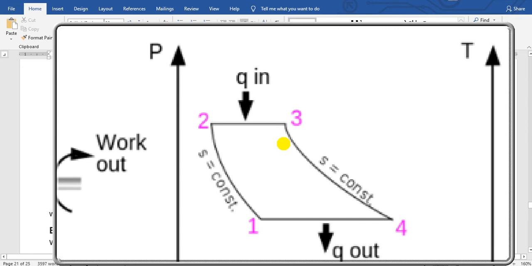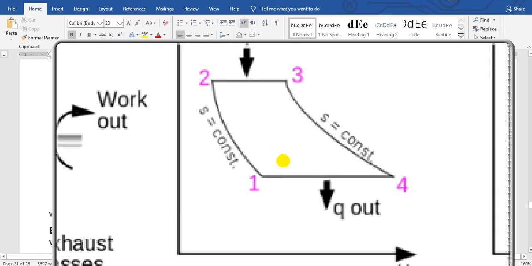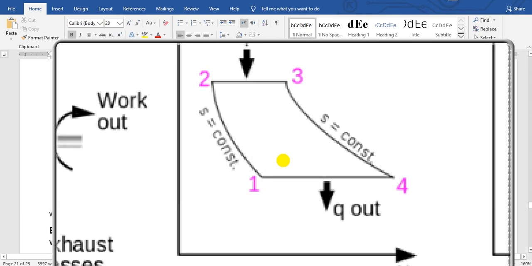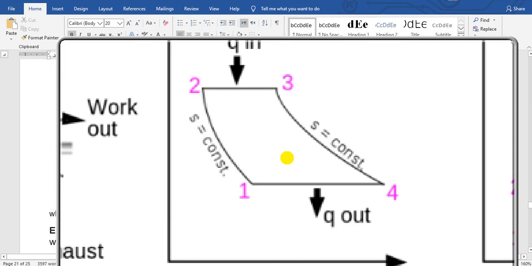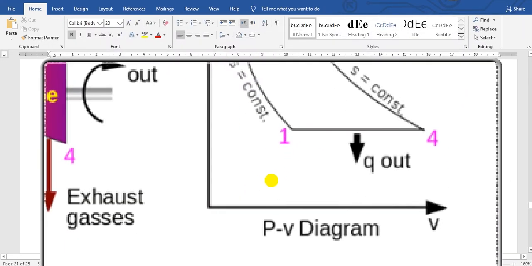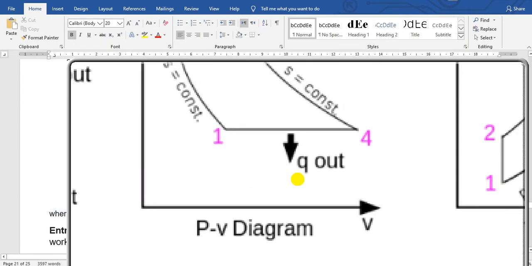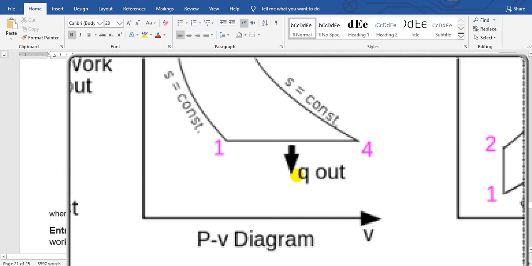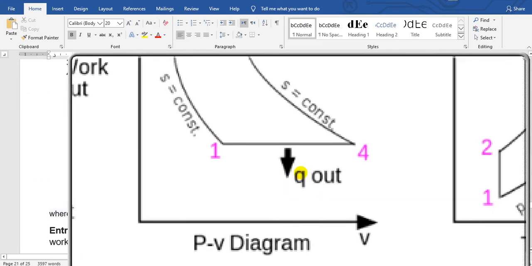Then from point 3 to point 4, the pressure decreases. The entropy S is constant from 1 to 2 and also from 3 to 4. From 4 to 1, the heat is out. This is the pressure according to the volume. Take care here: volume, not velocity.